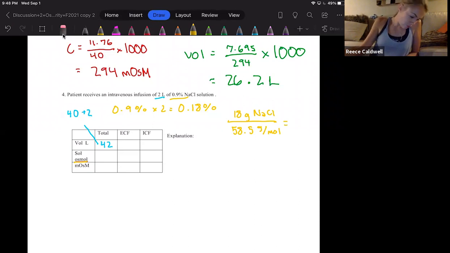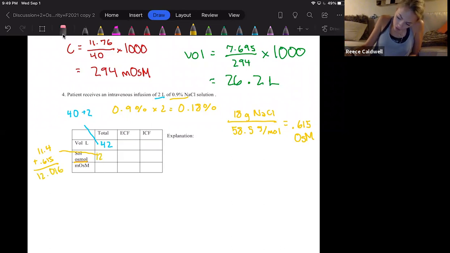So what we're going to get when we solve that out is 0.615 osmoles. So we can now solve our osmoles by just adding it to those original amounts. For this one, take that original 11.4 and add that 0.615. That's going to give us 12.016.